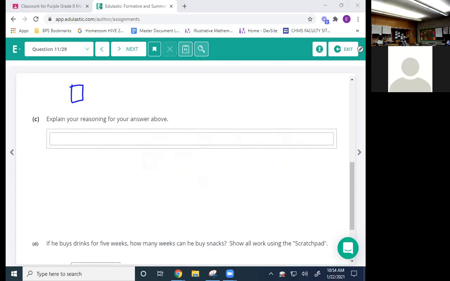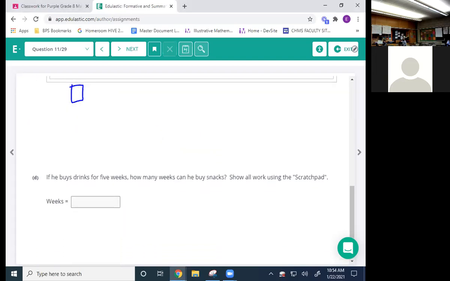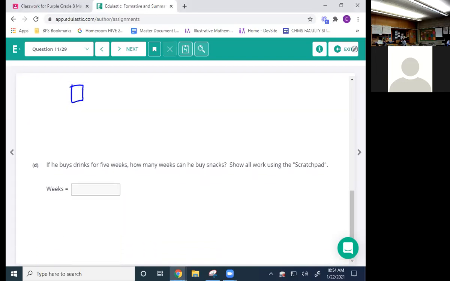Next one, this is why we needed to write it with two different equations, or two different variables, because now we're talking about he wants to buy snacks for 5 weeks. Very good, Gwen. He wants to buy drinks for 5 weeks. How many weeks can he buy snacks with his remaining amount of money?